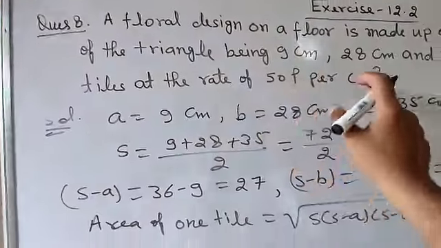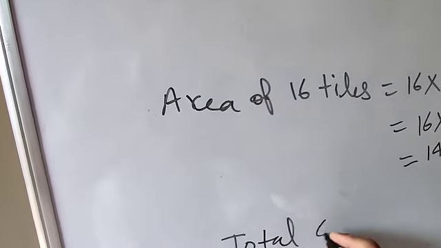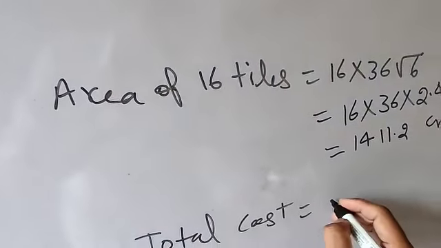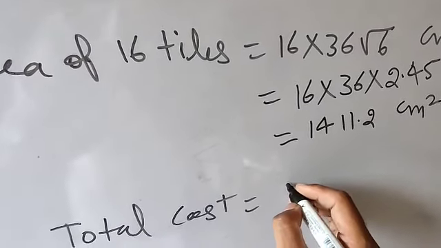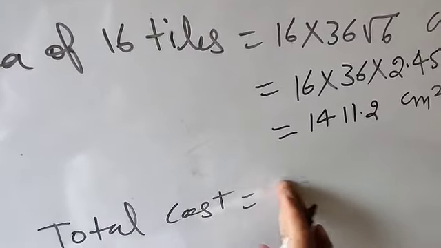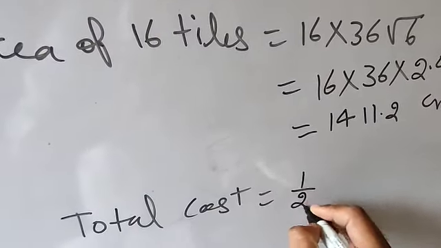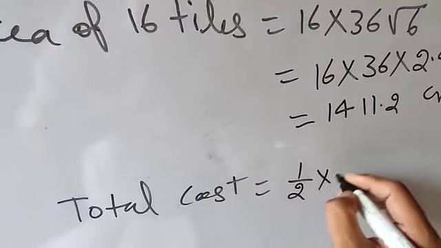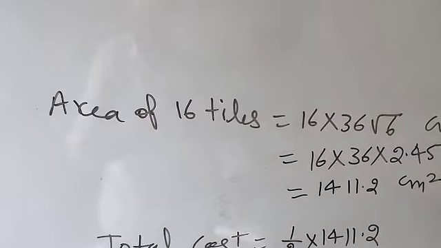And you need to find the cost, and the cost is given as 50 paisa per centimeter square. So total cost is equal to 50 paisa. 50 paisa can be written as half rupees, so I am going to find it in rupees. So half into 1411.2. 50 paisa equal to 1 by 2 rupees.